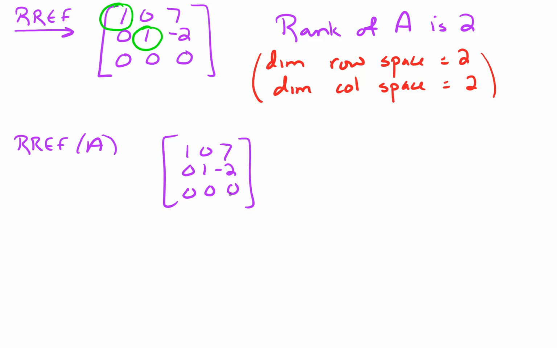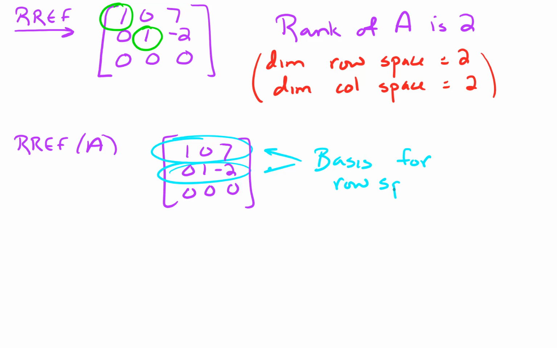These non-zero rows form a basis for the row space. So we could say the basis for the row space looks like 1, 0, 7 and a 0, 1, negative 2. And again, we've got two elements in the basis. The dimension of the row space is 2.